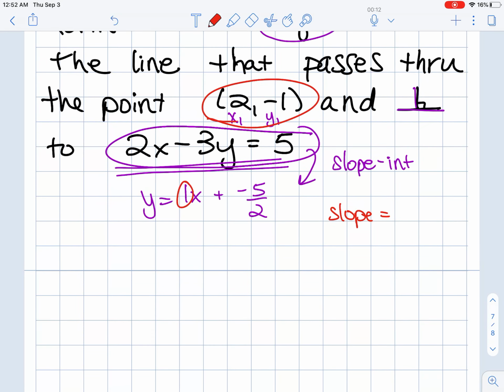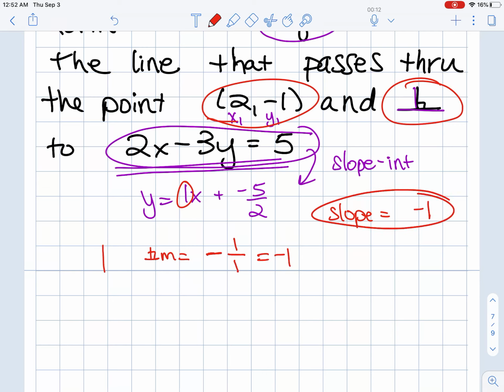So we know the slope for this one is 1. So what's a perpendicular slope to 1? Well, we know it would be the opposite, which is negative. Reciprocal is 1 over 1, which is still negative 1. So here's our slope. And keep in mind we're using this point 2 comma negative 1, which is x1, y1.